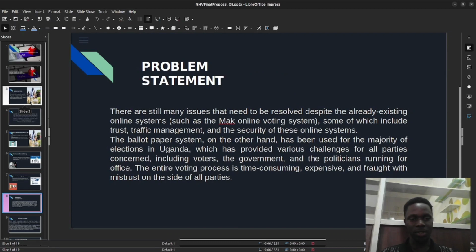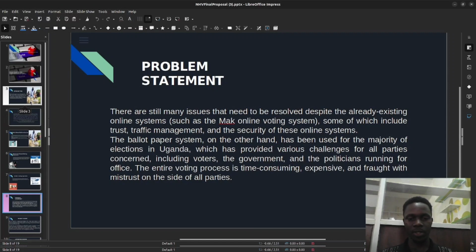Problem statement. There are still many issues that need to be resolved, despite the already existing online systems, such as the MAC online voting system, which came into play just a few months back, some of which include the trust, traffic, management, and security of these online systems.